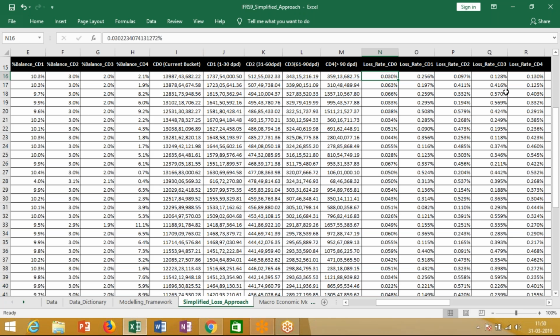If it's a skewed distribution, to get a representative picture and do away with the bias in estimates, you can easily choose the median loss rates for each of the buckets. And from each of those buckets, you get this simplified approach.